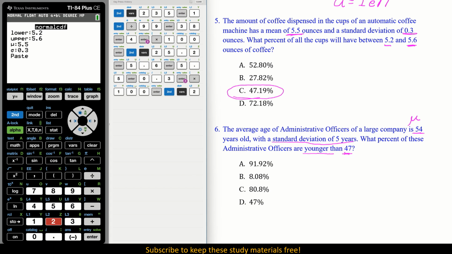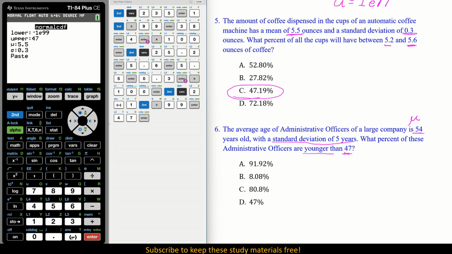That's what we have to adjust. For this, we put in -1, second E, well, it's second division to get our E, then 9, enter.